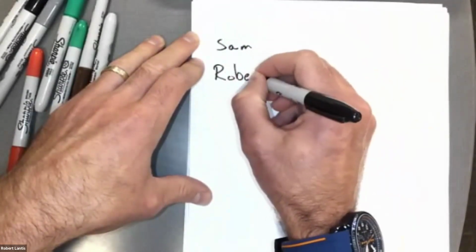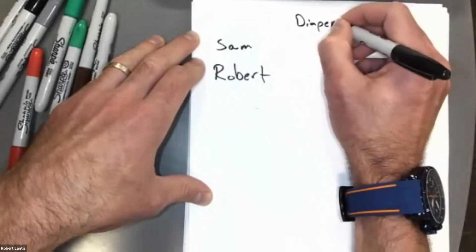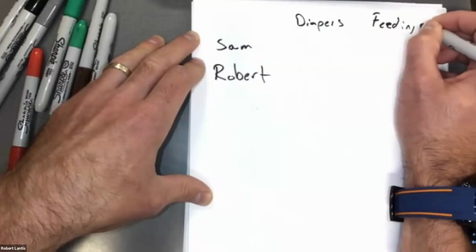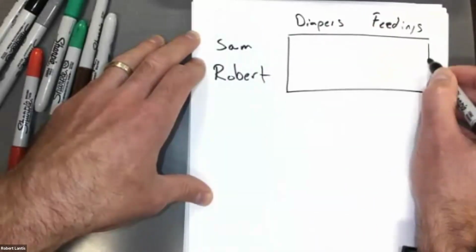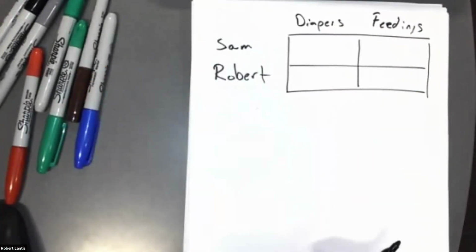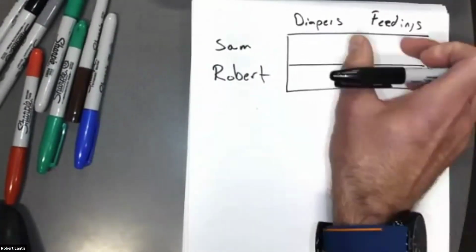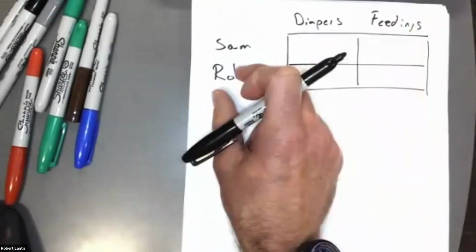So I've got two individuals, me and my wife, and we currently have a 7-month-old baby. So we're doing a lot of diaper changes and a lot of feedings. This is a slightly less technical example, but it applies to anything where we're making the choice between two different activities and have two individuals.